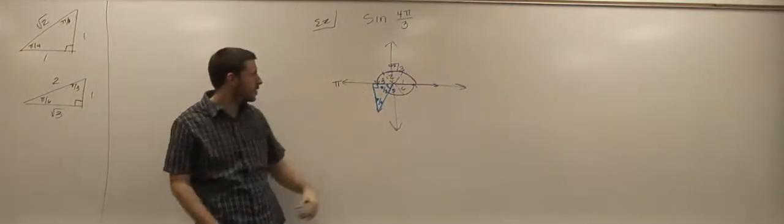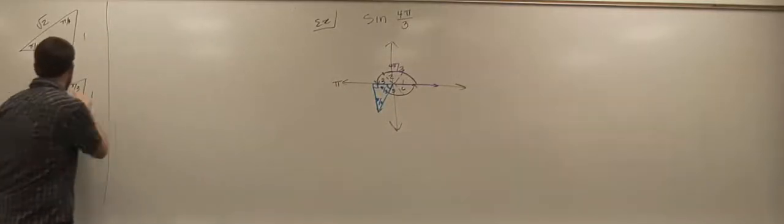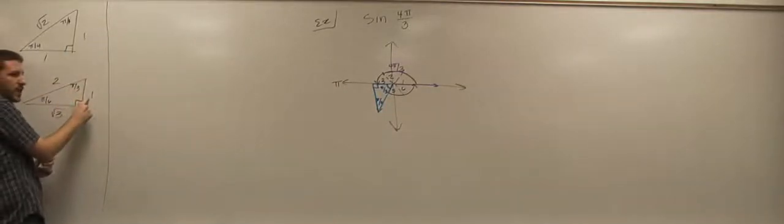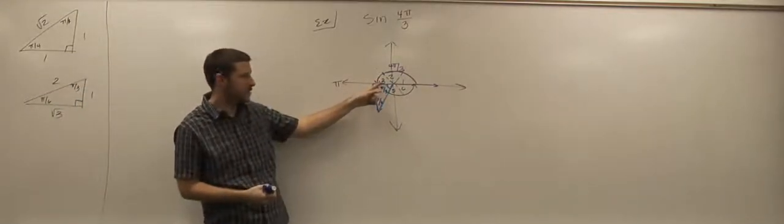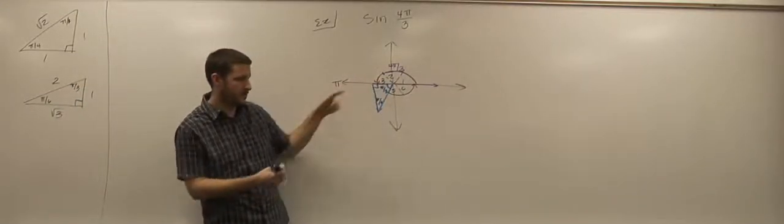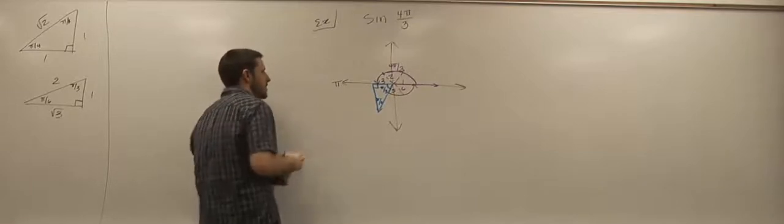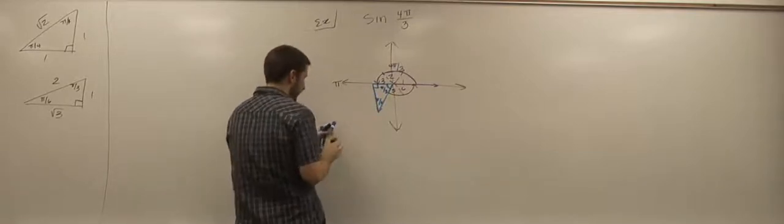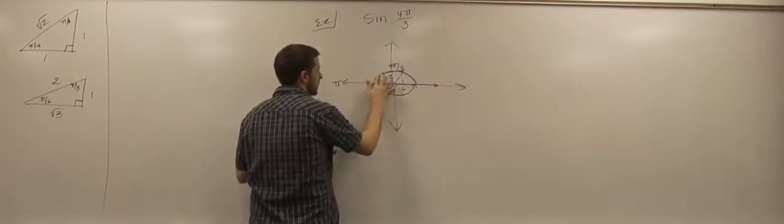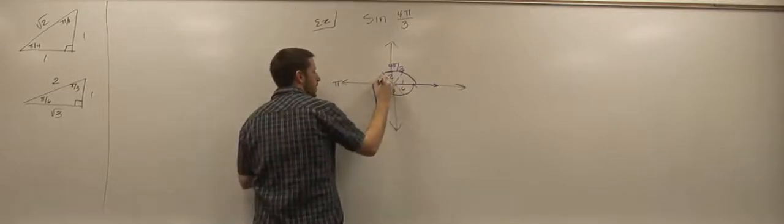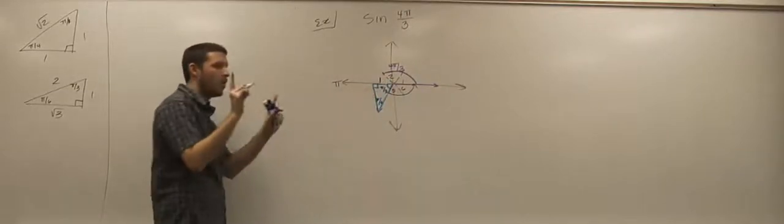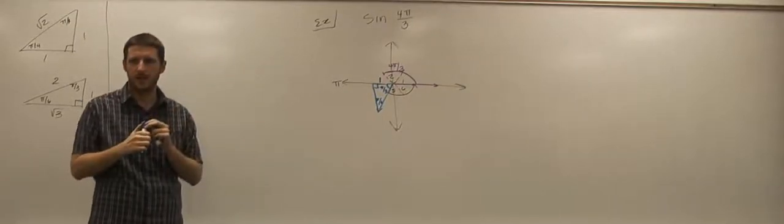What you want to focus on, for example, is the thing touching the pi over 3 is 1. So over here, the side touching the pi over 3 is going to be 1. So when I label this, I'm going to label this side 1. That's my value, almost. What else do I need?